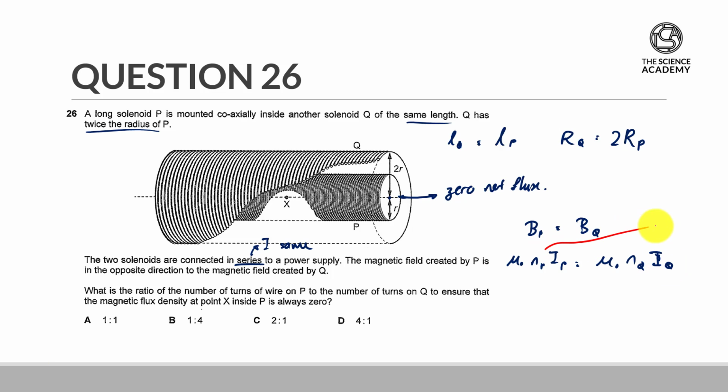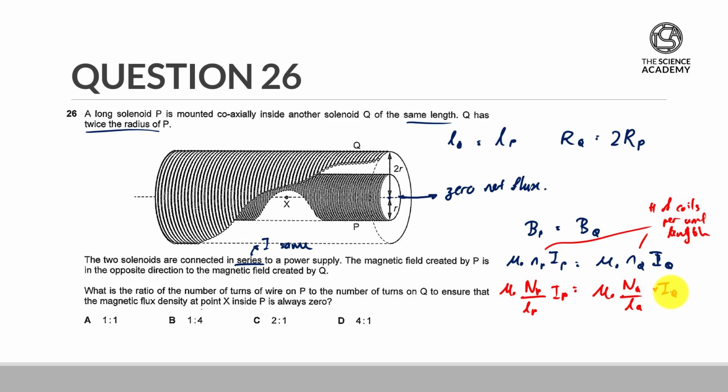Now just take note that n refers to the number of coils per unit length. Which I can further expand to N_P over L_P times I_P. And for the Q side, we have N_Q over L_Q times I_Q.